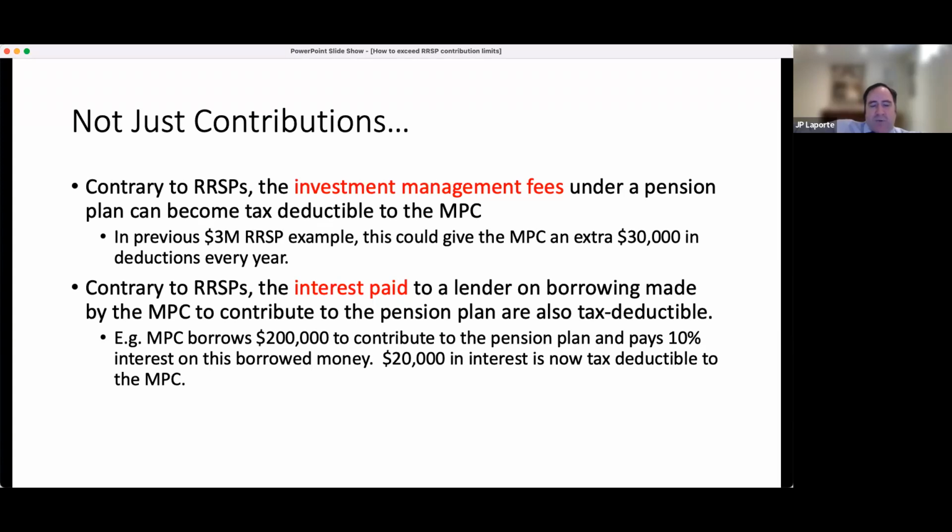So if the MPC had borrowed $200,000 in order to contribute to the plan, maybe for past service, maybe for special payments, maybe for terminal funding, whatever, and is paying 10% interest, I'm being very negative about the future with respect to interest rates, well, that $20,000 of interest is a new deduction for the company. So if the company is paying tax at 20%, you do the math. That's the type of tax savings that we've generated using this feature. Next slide.